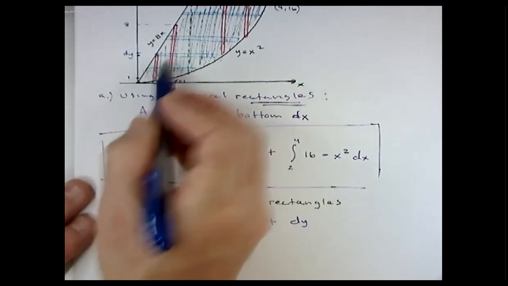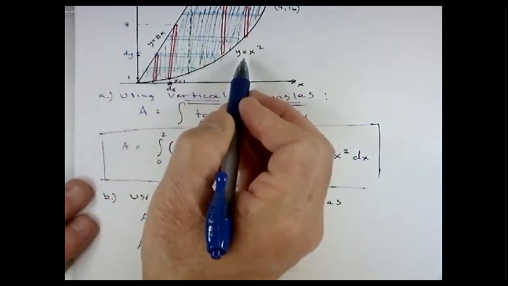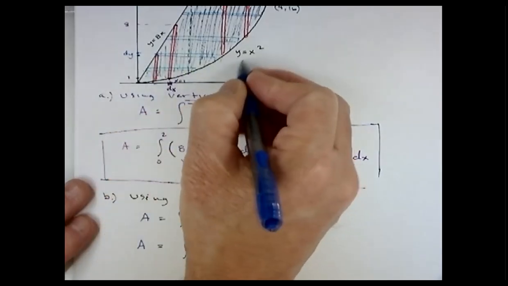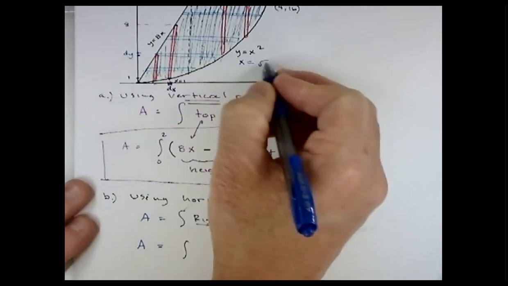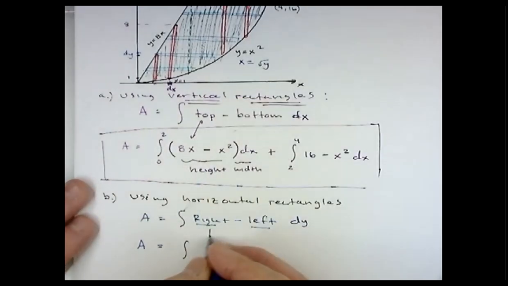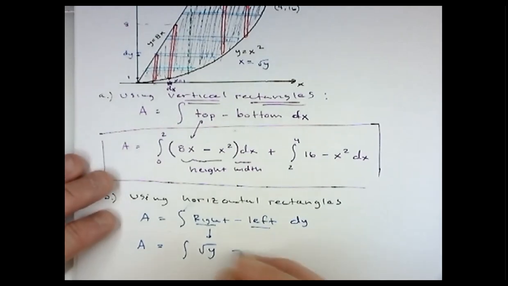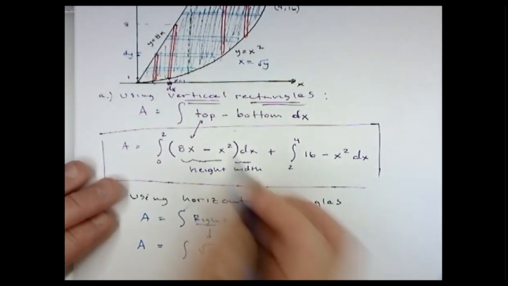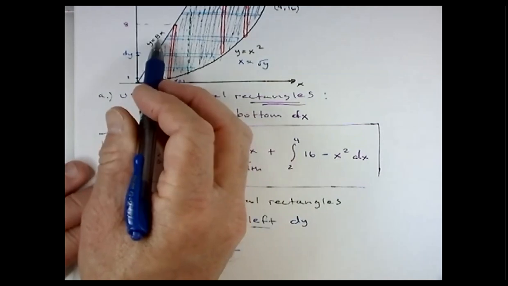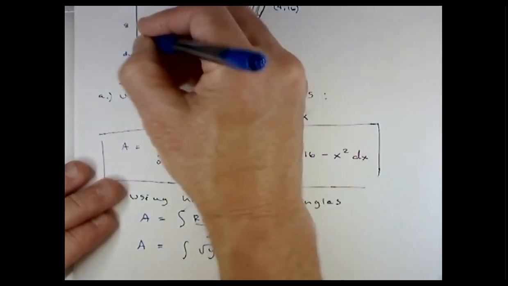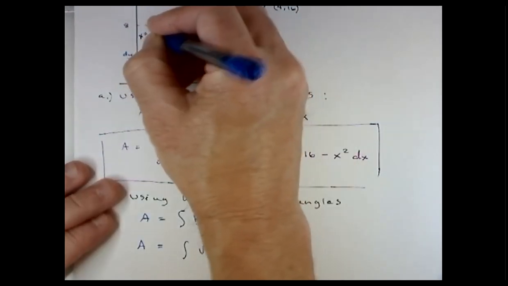Every rectangle we draw horizontally on the right hits y equals x squared, also known as x equals root y. And on the left, my rectangles hit y equals 8x, also known as x equals 1/8 y.